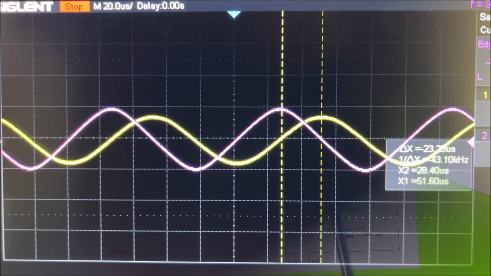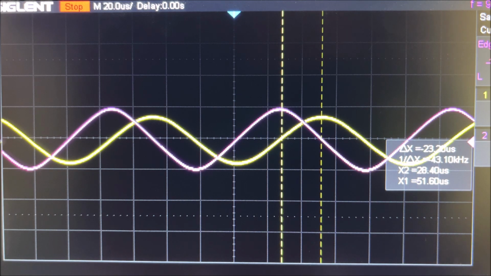All right, here we are at the oscilloscope, and the yellow trace happens to be a derivative. I'm going to integrate it also, but for now we'll take a look at the derivative of it, and we're going to find the phase angle between the two of them. I've got the two cursors there where they both cross the center line, and it happens to be 23.2 microseconds.